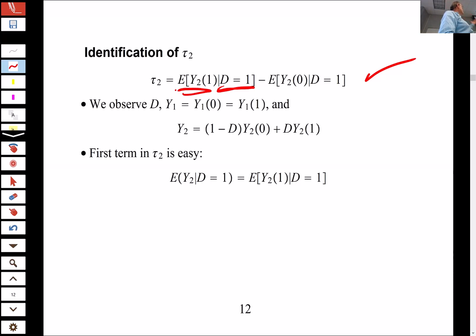And so the first piece is always easy to estimate because we just have to use the average for the treated sample in the second time period, okay? This is the part that's going to be hard to estimate because this is for the treated group, but it's in the untreated state. Okay, so this is where using the parallel trends assumption is going to come into play.